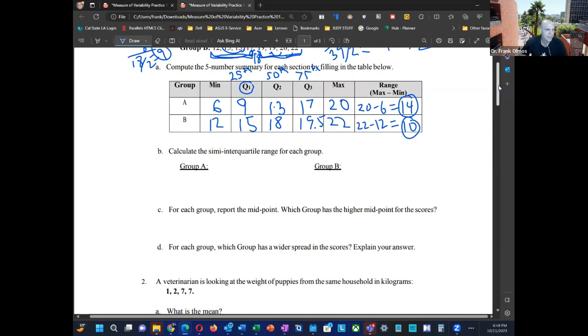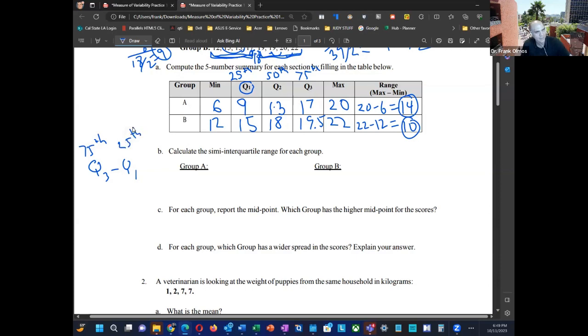So to answer group A, calculate the semi-interquartile range. First of all, you need to get the interquartile range. Once you have your Q3 and Q1 values, you can do it. The formula is Q3 minus Q1, basically the 75th percentile minus the 25th percentile.